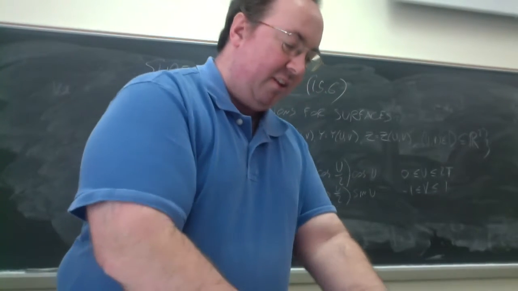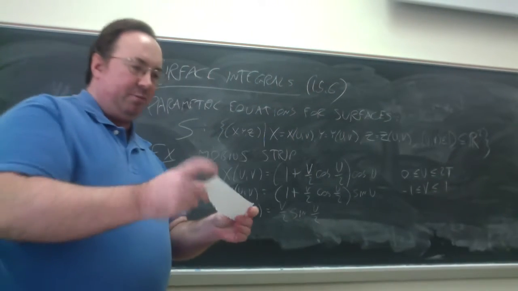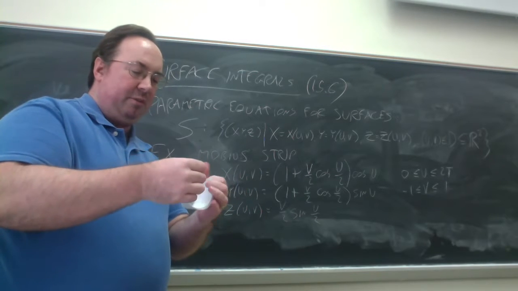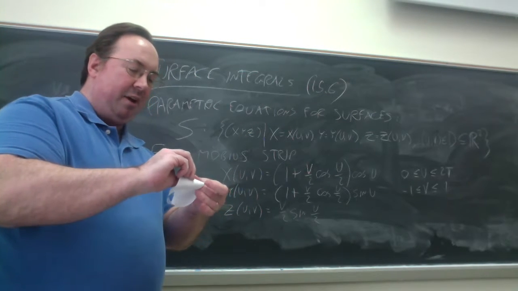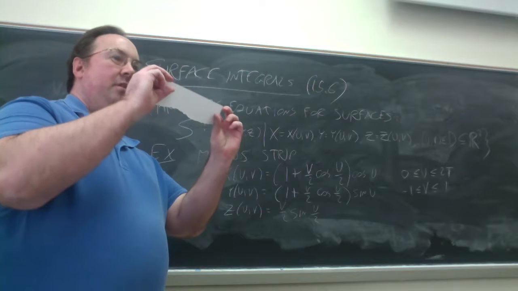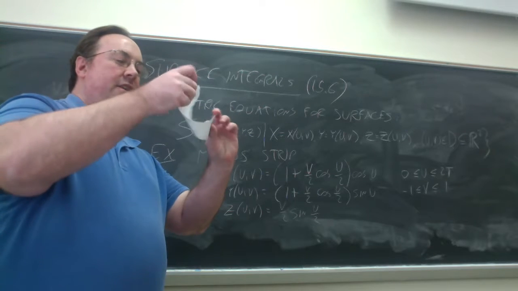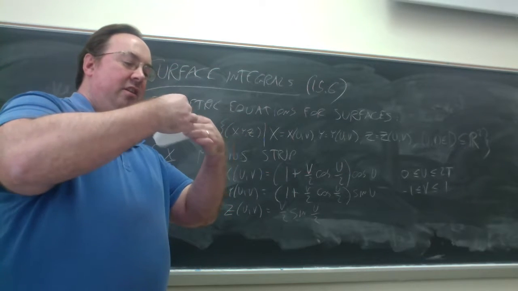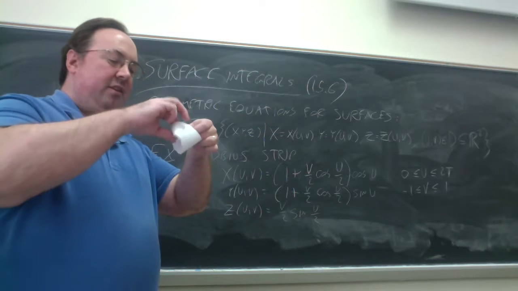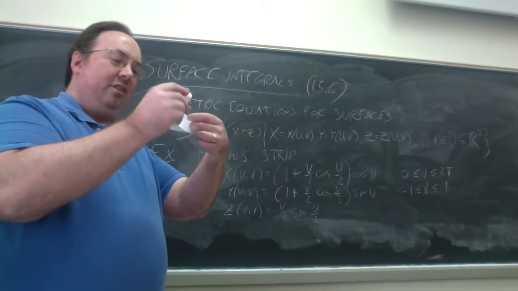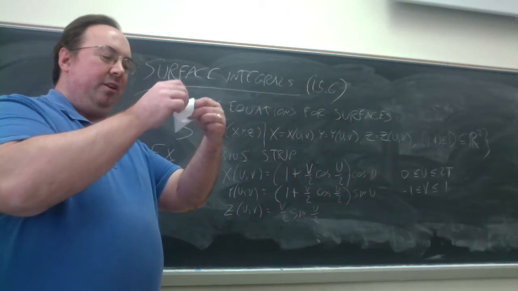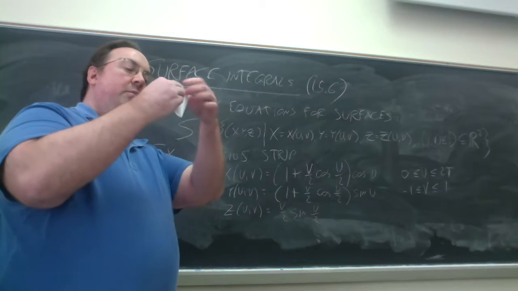All right. So, in retrospect, I should have chosen a longer strip. But the idea is you take a strip of paper and you twist it once, and then join the ends together. And yeah, I definitely should have chosen a longer strip, or a thinner one. Then you have a Mobius strip.